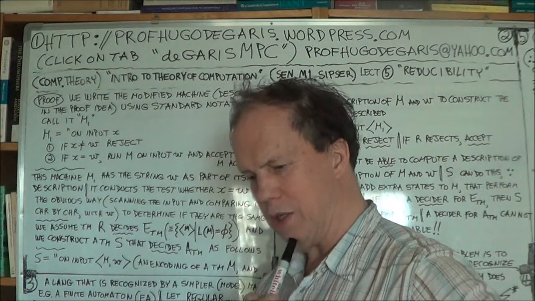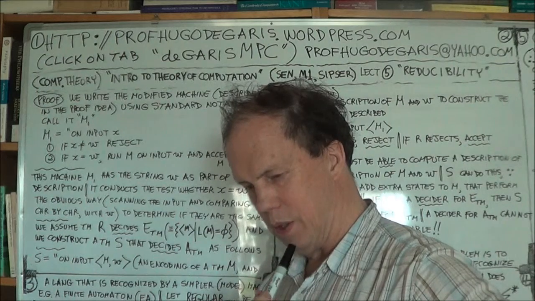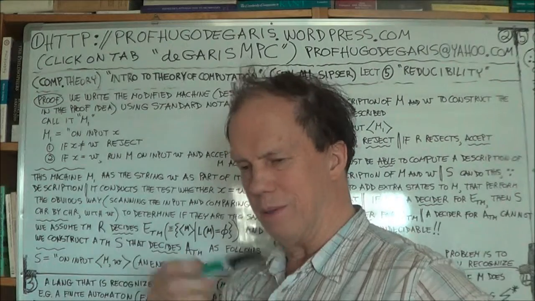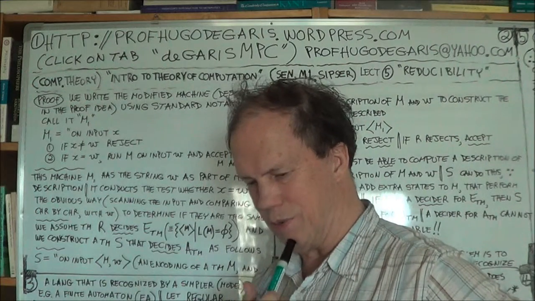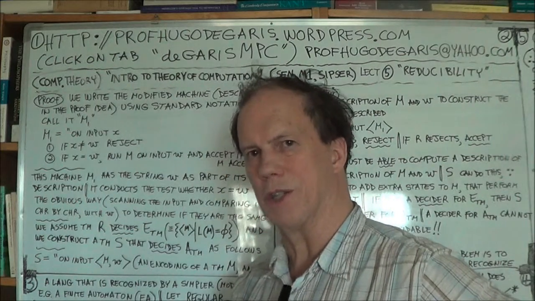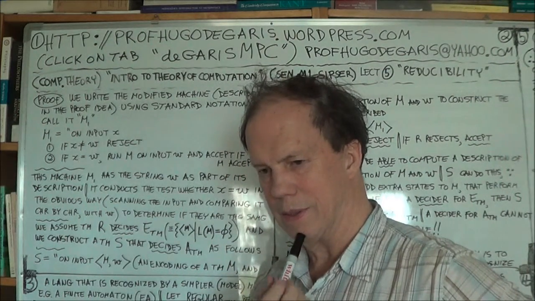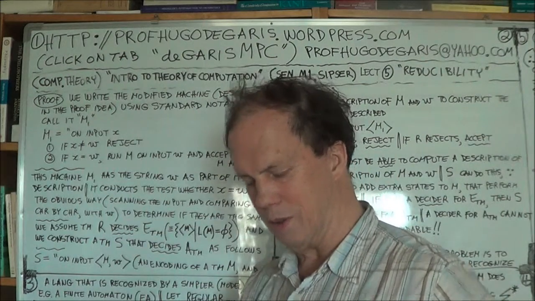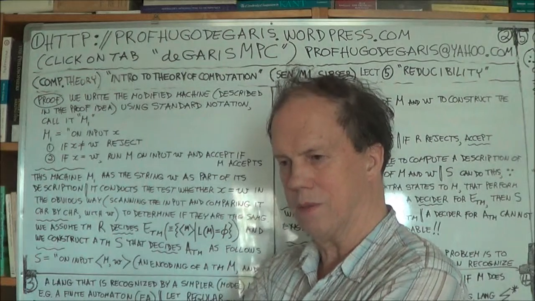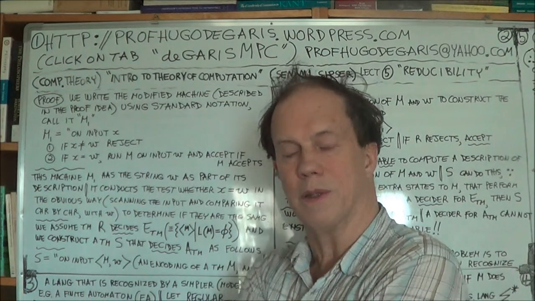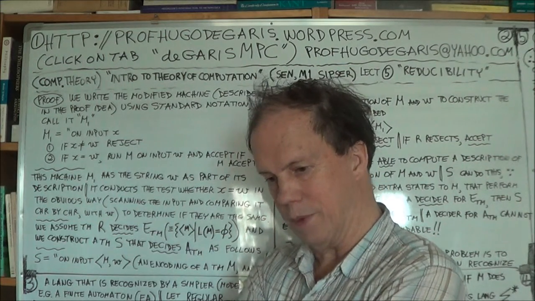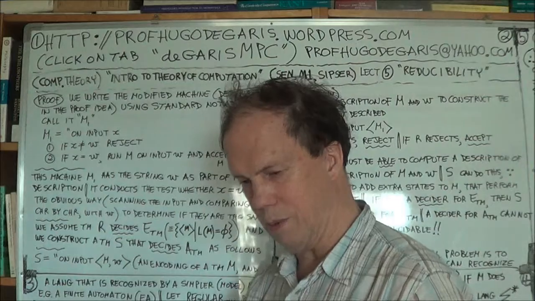So we're trying to show ETM is undecidable. How to do that? Well, by the way, a more general comment. These proofs, as far as I know, virtually always use proof by contradiction. That's a commonly used proof technique in this context. I've yet to come across a proof that does not use proof by contradiction. So in this case we do.